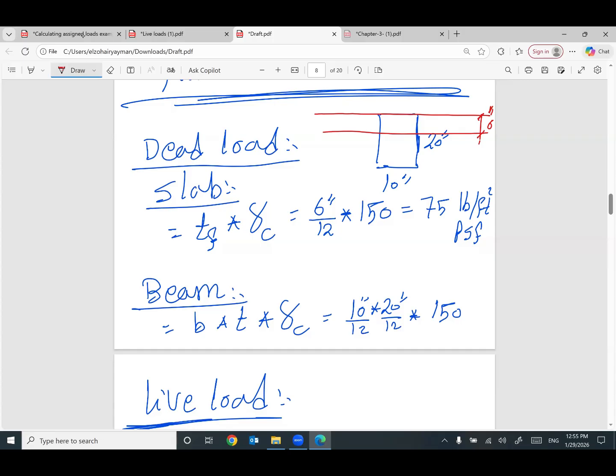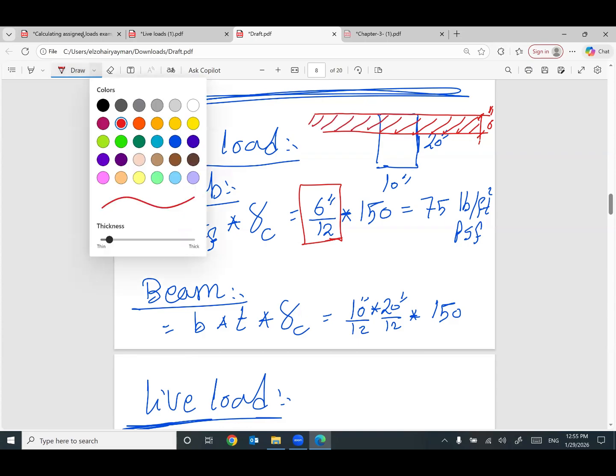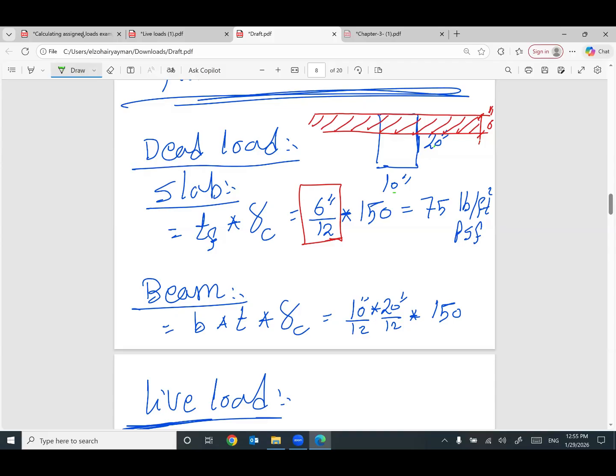We already used 6 inch to figure out the weight of the slab, so I considered this weight. Now if you count 10 and 20, that means you are considering this total area. That means we have duplication of this area. In your calculation, you counted part of the concrete 2 times. So your calculations will not be accurate.